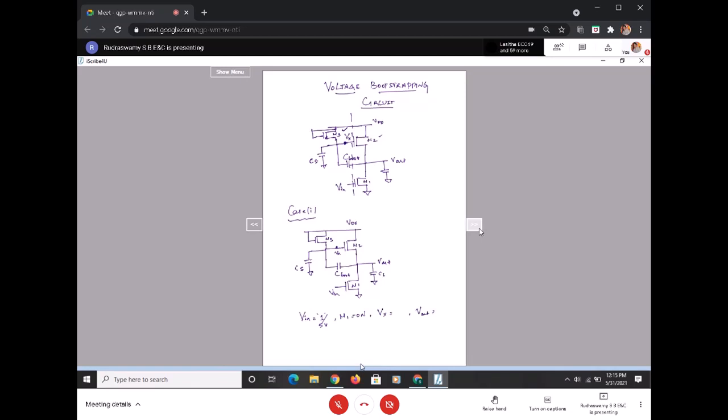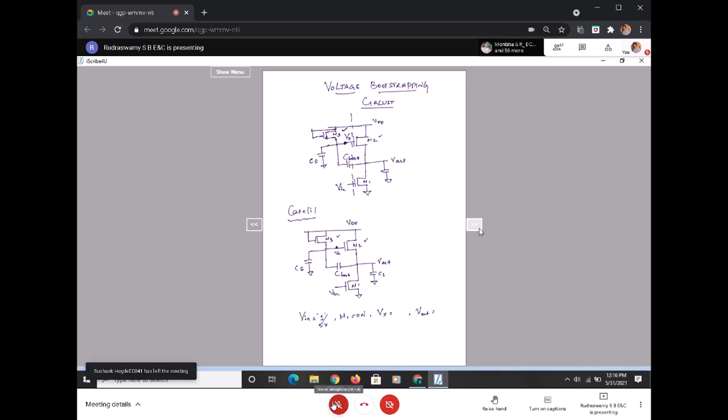Everything is on the screen. M3 is on. M2 is on. Why M2 is on, we'll try to see now. But assuming that M2 and M3 are on, tell me what is my V out and what is my Vx.